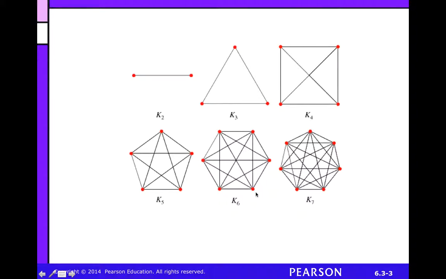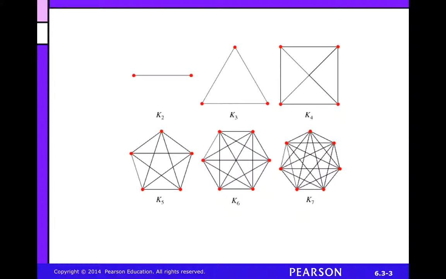So again, K stands for complete in German, I believe, not in English, obviously, but K for complete, and then the subscript tells you how many vertices there are in the graph. So K5 is the complete graph on 5 vertices. K7 is the complete graph on 7 vertices. There's also a K sub a billion, if you really wanted to draw a billion vertices and have them all be connected.